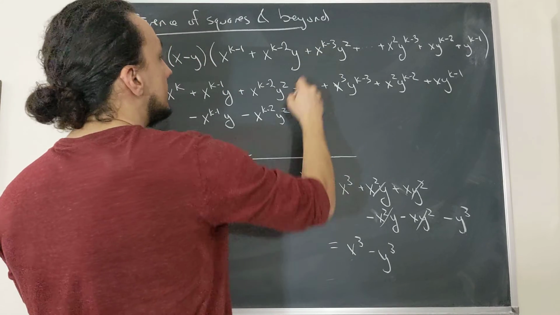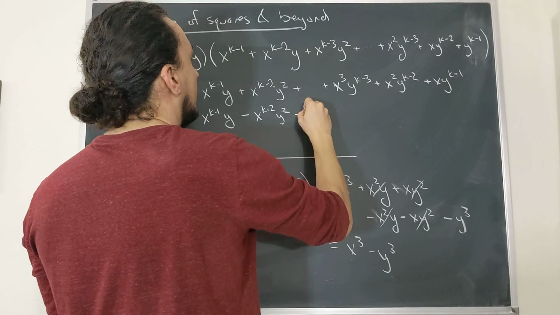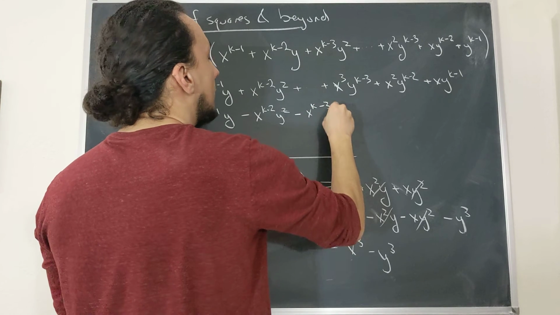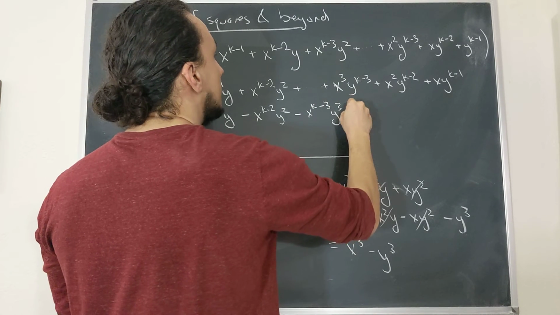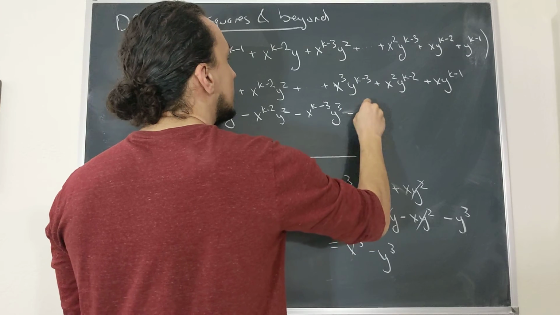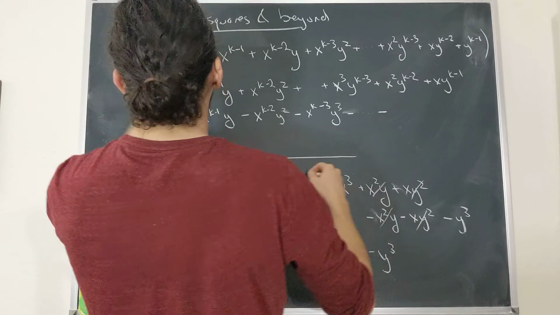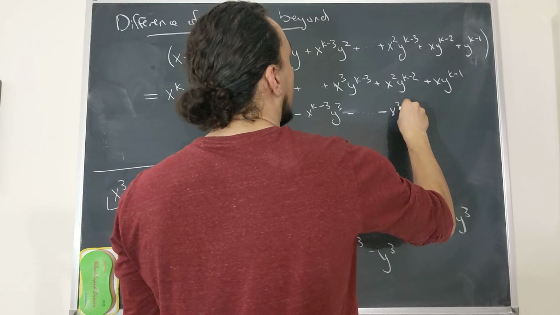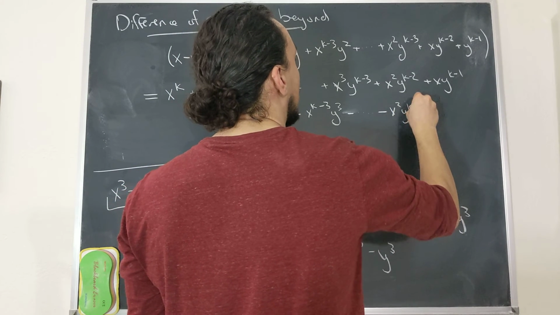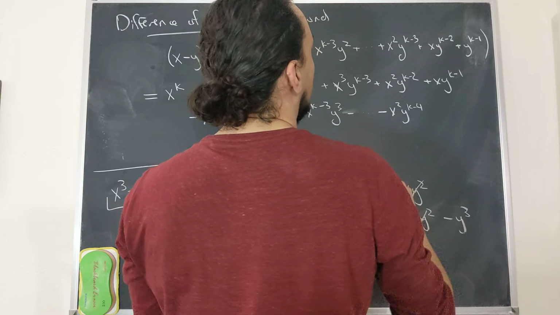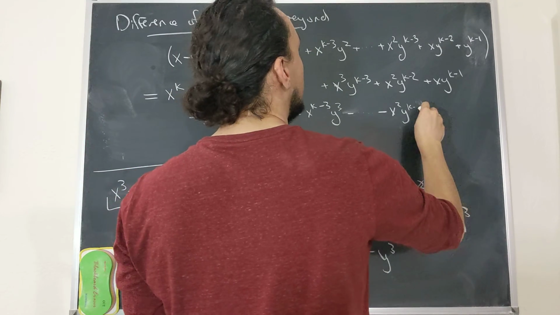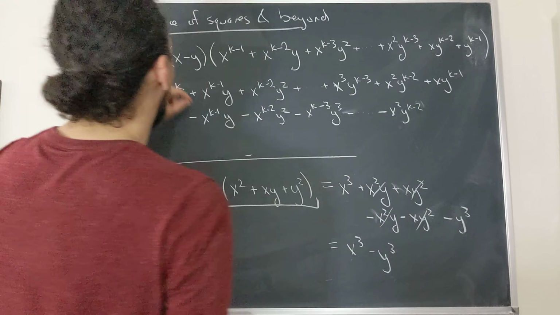Now this times this is going to give me minus x to the k minus 3 y cubed, and so on.